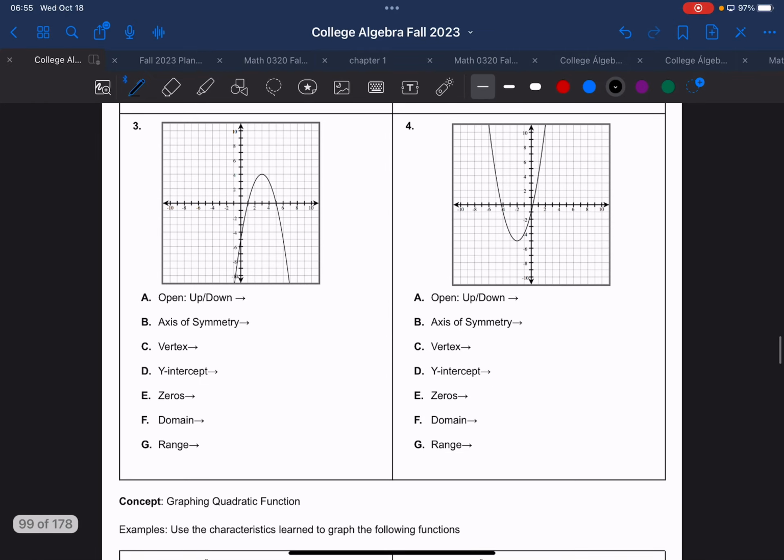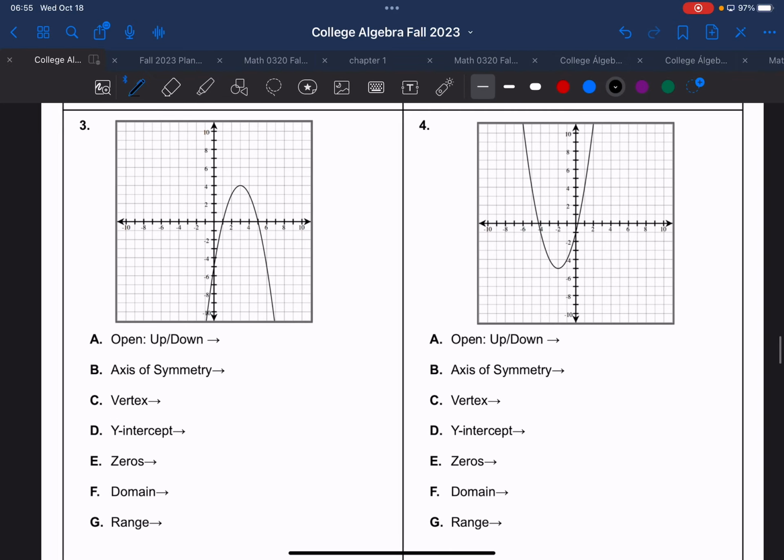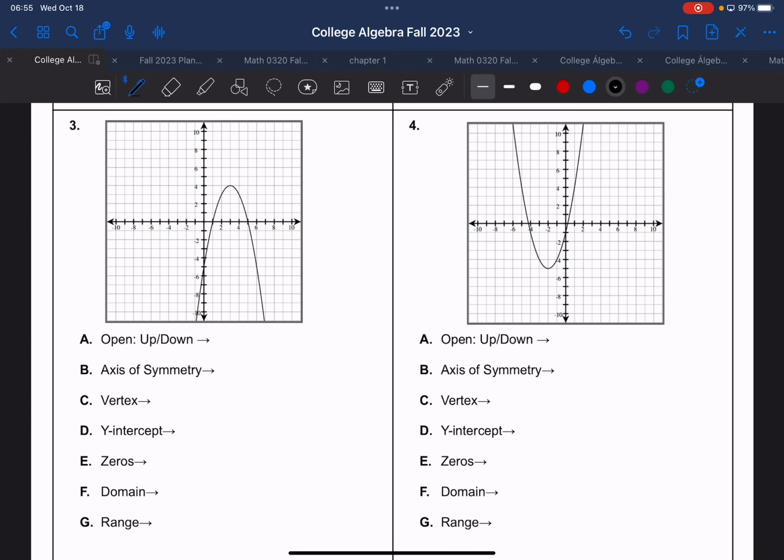Okay, let's look at number 3. So first part, is it opening up or down? Down. What is our axis of symmetry? What value? 3. Perfect. Right here, where it divides the parabola in half. And axis of symmetry is always x equals.